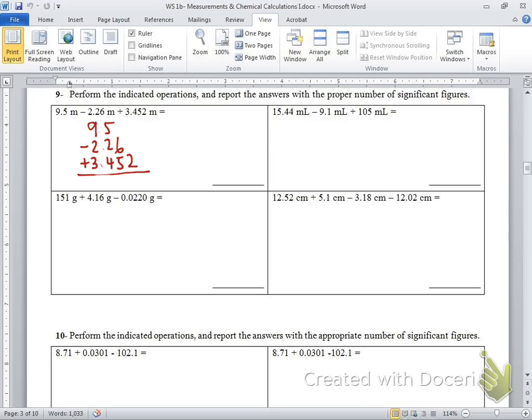So, the last place, I know all the digits. You notice how I lined them up by their decimals? Because it's the last place that I know. So I have to know where the decimal is in all the numbers, and I'll just draw a line right there. So you notice I'm determining sig figs actually before I determine the answer.